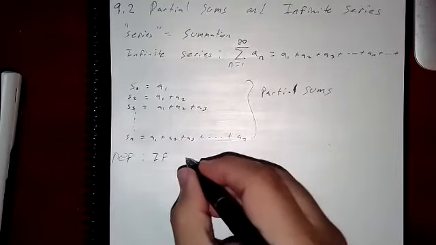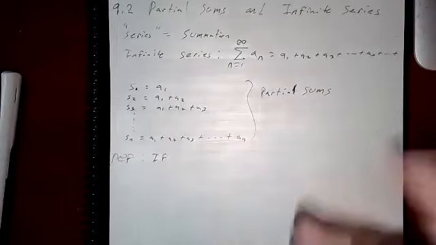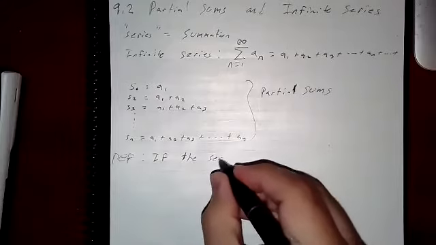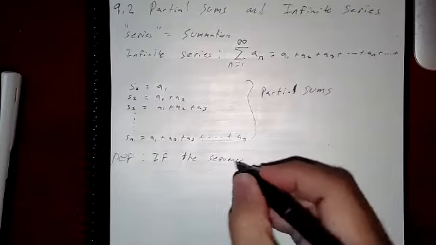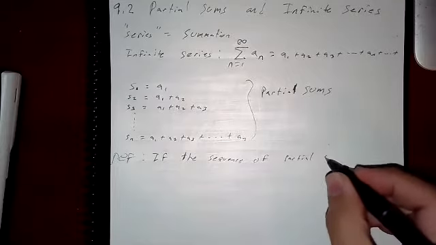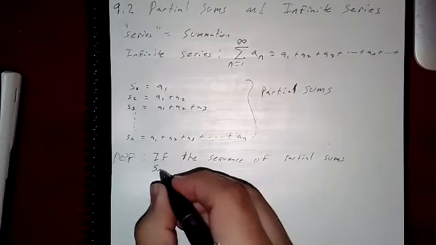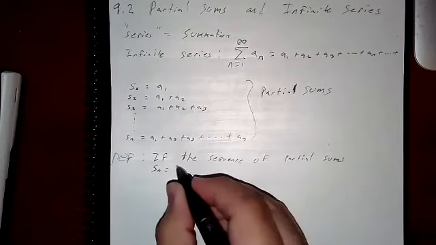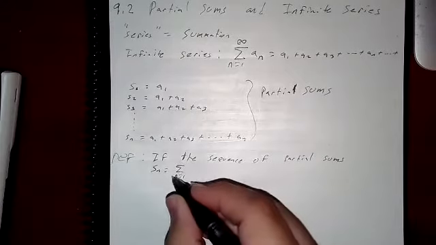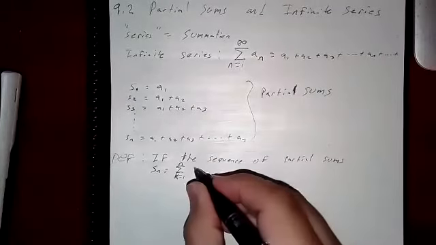If the sequence of partial sums, which we'll call S sub n, equal to some sum from k equals 1 to n of some a sub k.